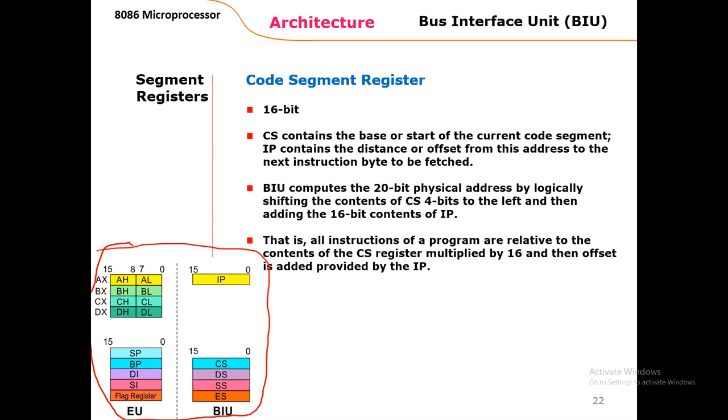This is your general register. The stack pointer is 0 to 15; all registers are 16-bit. Only AL, AH, BL, BH, CL, CH, DL, DH are 8-bit. But all others are 16.